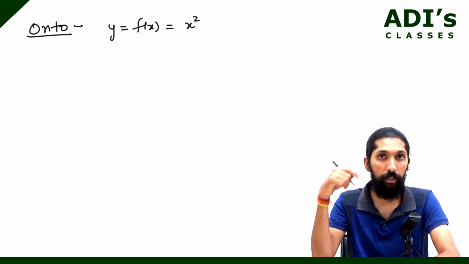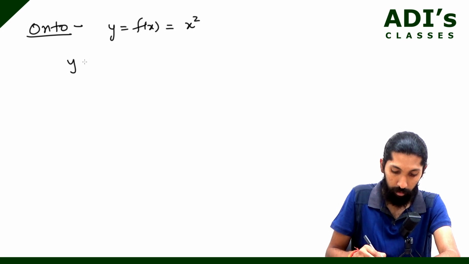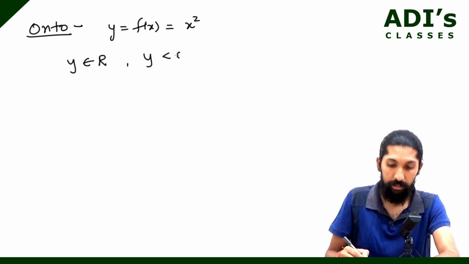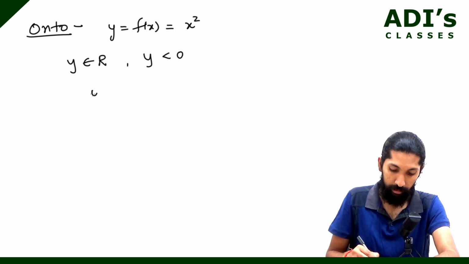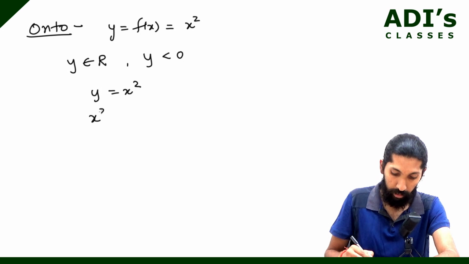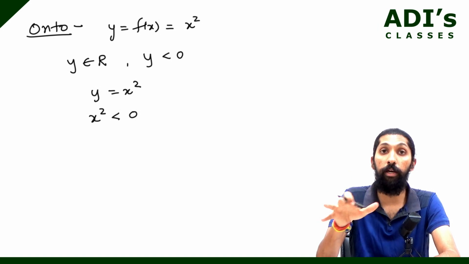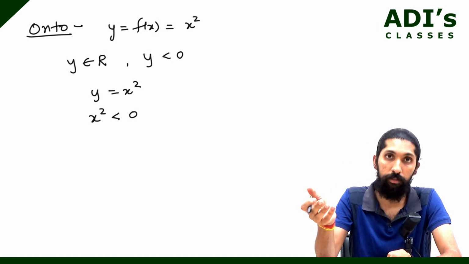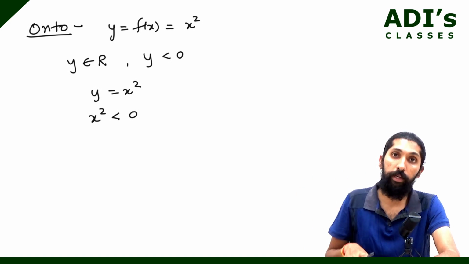So y belongs to R. Suppose y is less than 0, any value less than 0. So what do we have? y is equal to x square. In other words, x square is less than 0. Is it possible for a square number to be negative? It is possible only if you have a complex number. But here we are talking about the set of real numbers, isn't it? So what do we get from here?